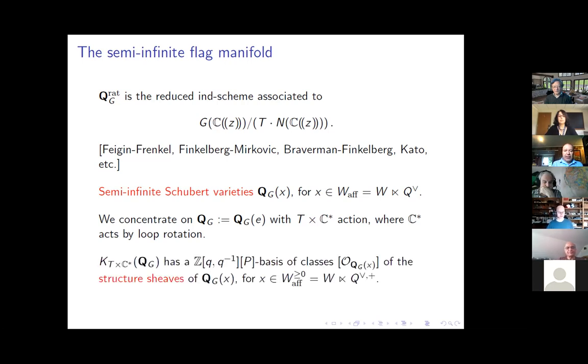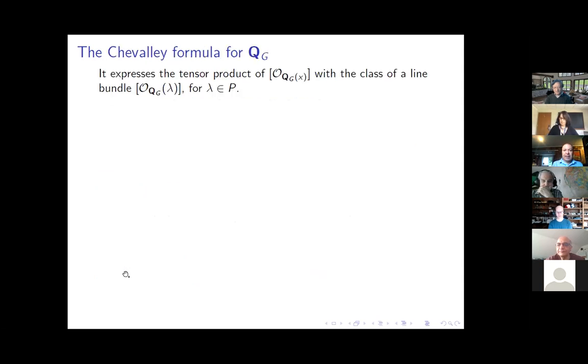And then the corresponding equivariant K theory has a basis over the group algebra of the weight lattice with indeterminates Q and Q inverse, has a basis of Schubert classes, where the corresponding Schubert classes are indexed now by just the positive part of the affine Weyl group, defined as the semi-direct product with the positive part of the coroot lattice. So these are the basis elements.